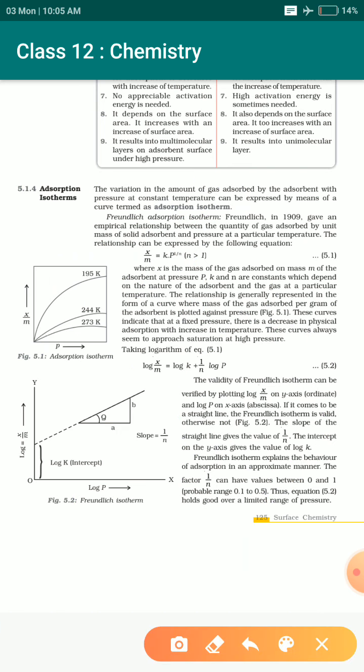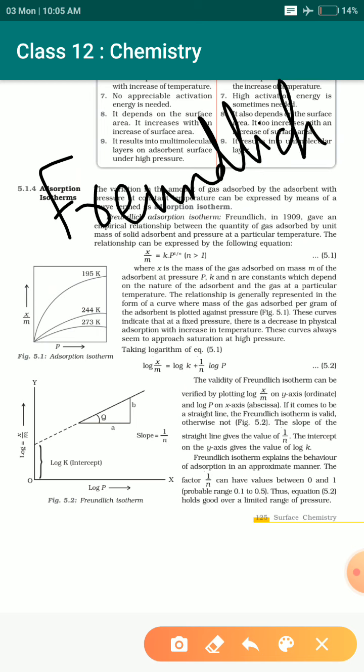So it is expressed with the help of an equation which was found by the scientist Freundlich in the year 1909. After him, this isotherm was called Freundlich's isotherm.